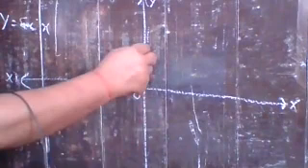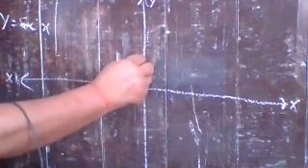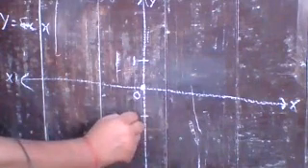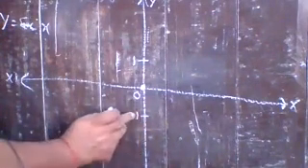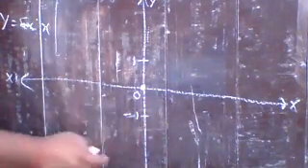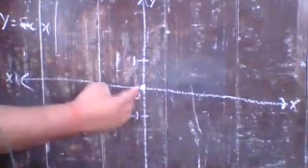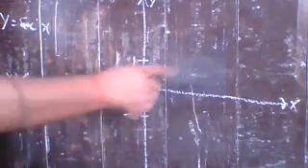So here you mark a point 1 here. Suppose on the negative direction you take minus 1, and here you take 1. So that is for 0. It means at 0, the curve starts from this point 1.